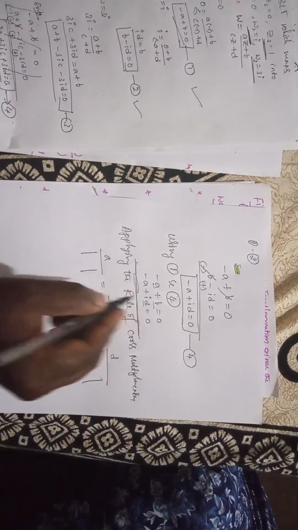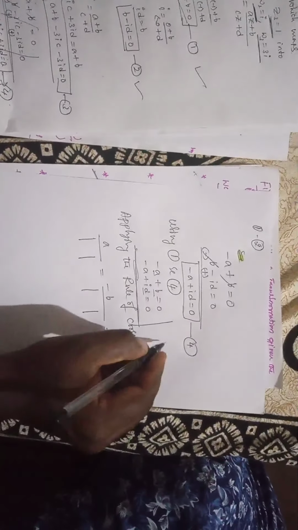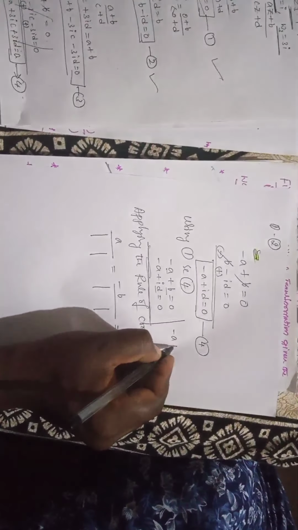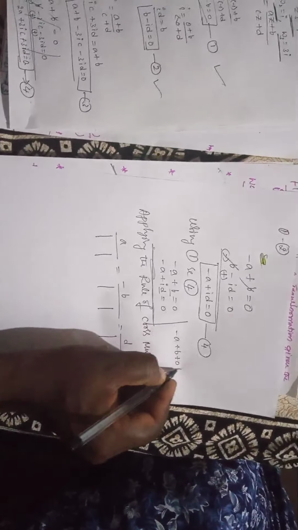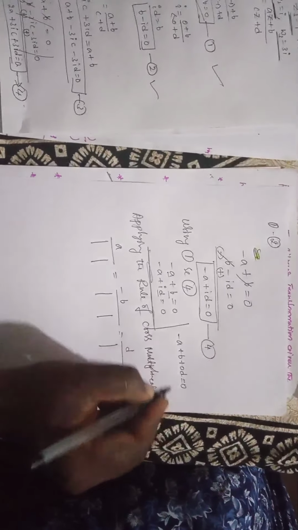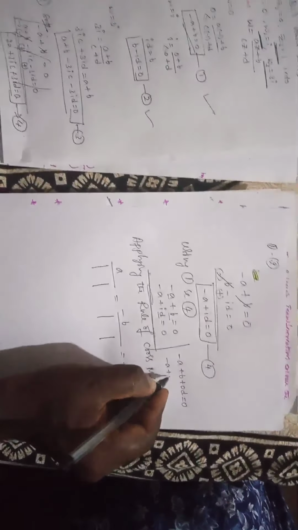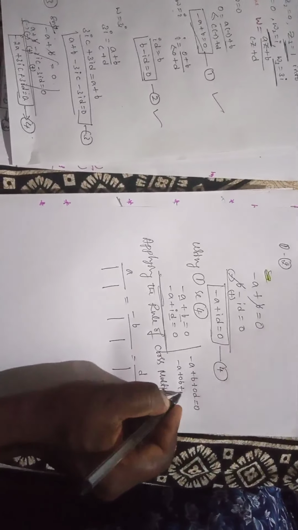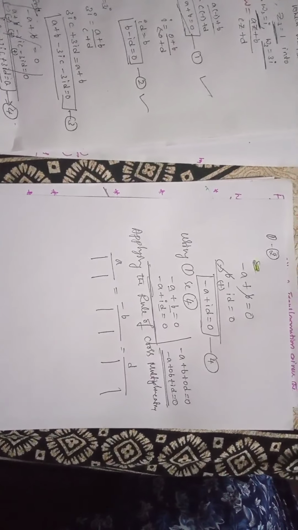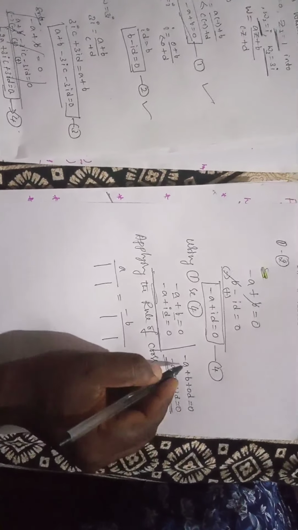Here hide the a. We have to rearrange this equation like this: minus a plus b plus 0d, and minus a plus 0b plus id equal to 0. So hide the first row.